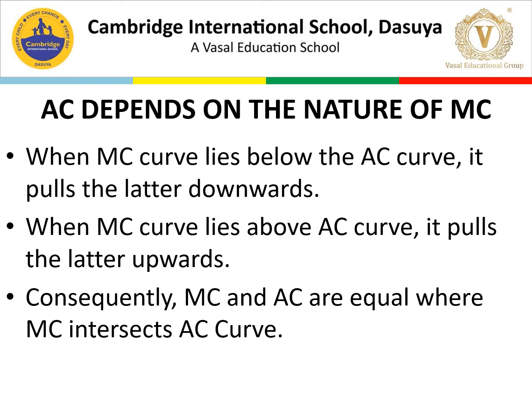This is also a question that is sometimes asked in HOTS. When the MC curve lies below the AC curve, it pulls the latter downwards. So when the MC curve is below AC, AC is pulled downward. When the MC curve lies above AC, it pulls the latter upwards, so AC starts going up, it gets pulled upward.